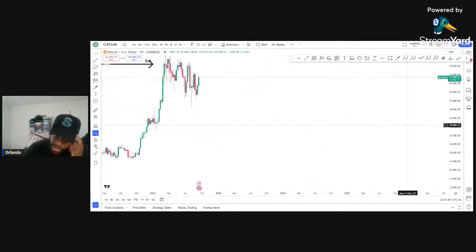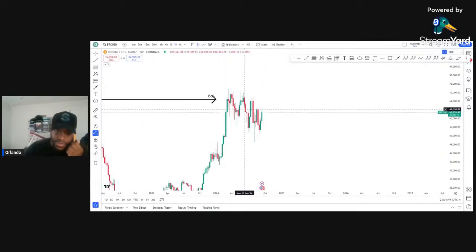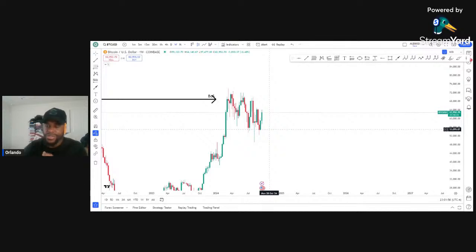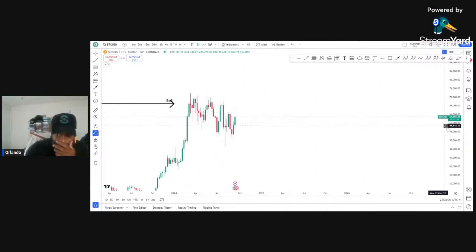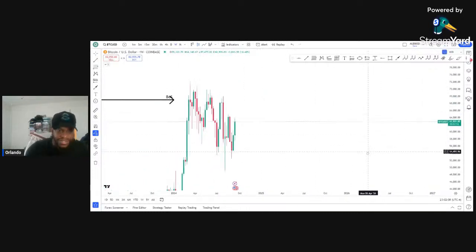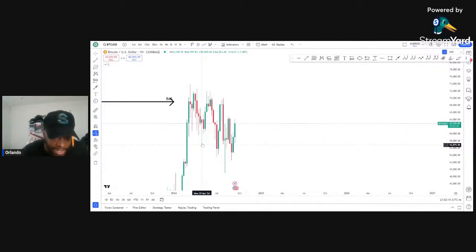So now what we need to understand is we want to take trades in between here while it's cooking. We don't even want to wait for the whole distribution, saying I ain't trading Bitcoin because it's going to take a long time. No, you actually trade for buys and sells while it's still cooking. Okay, so what we see is this: the market came low, came into a supply zone, did what?